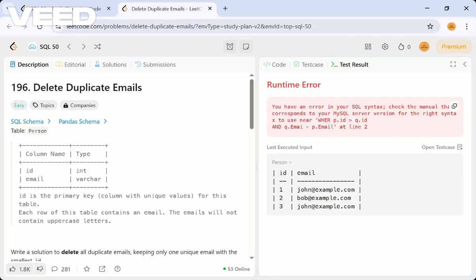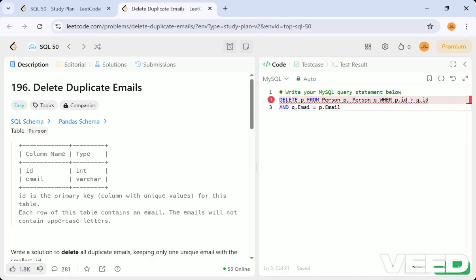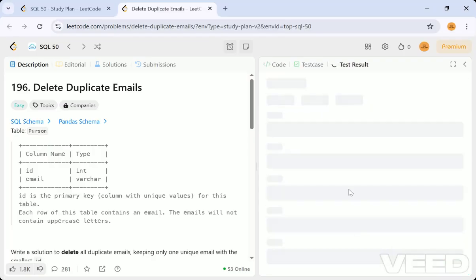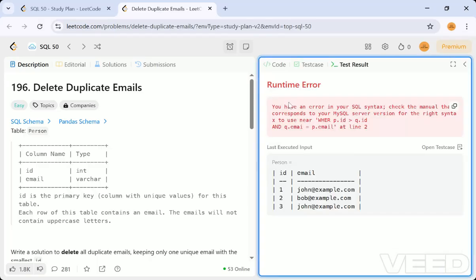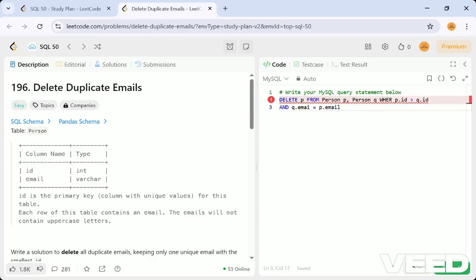There is an error in my SQL syntax near where, and this is not email. Sometimes we make such mistakes. My bad, we have removed it from here.